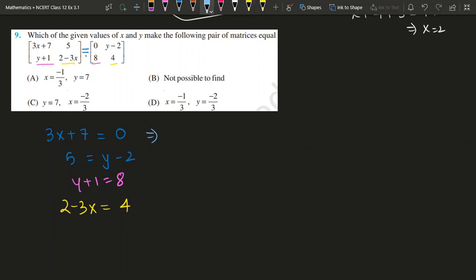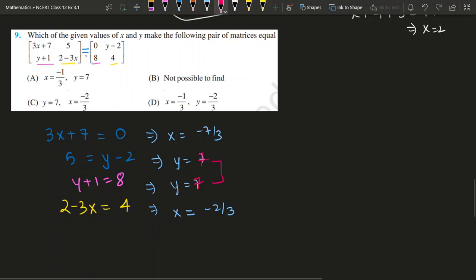You would get x equals minus 7 by 3 from this. You would get y equals 7 from this. You would again get y equals 7 from this equation. And from the fourth equation, you would get x to be equal to negative 2 over 3. Now notice, for the values of y, you have a consistent number 7.